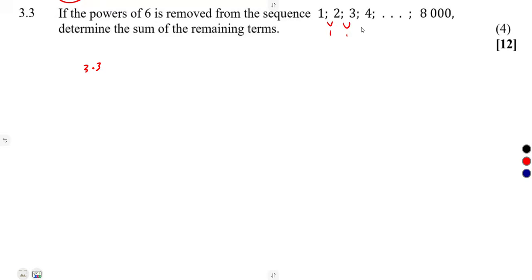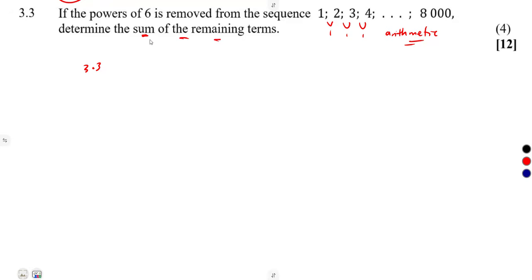There's a difference of 1, a difference of 1, a difference of 1. So the original sequence that we're given here is an arithmetic sequence. Because here they're talking about: if powers of 6 are removed, determine the sum of the remaining terms.